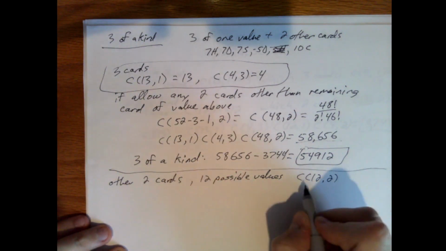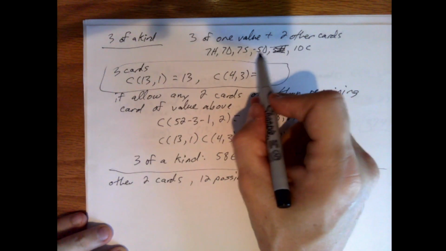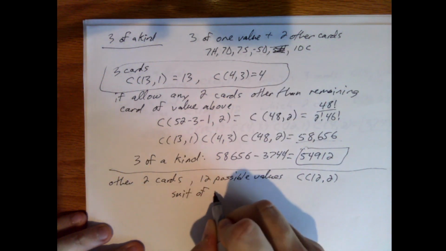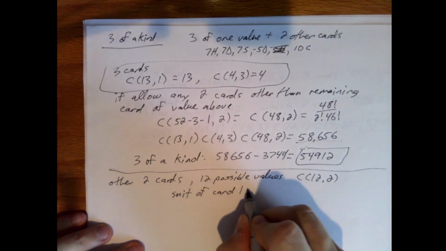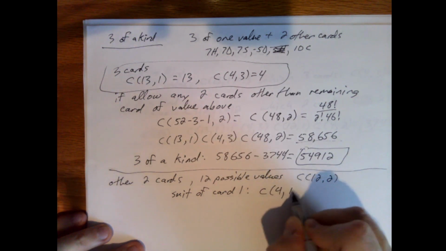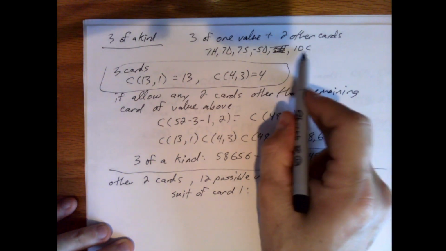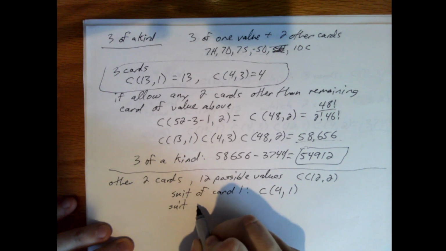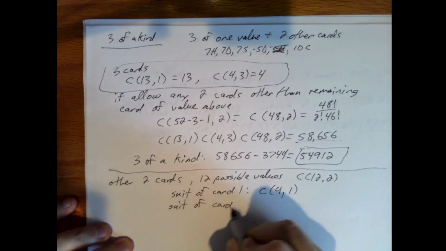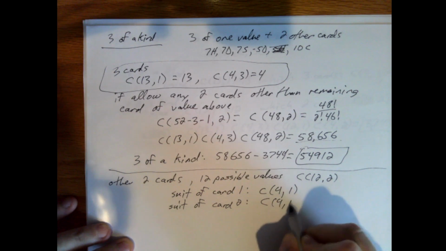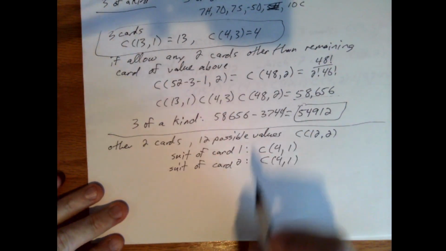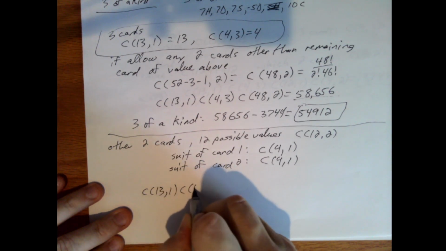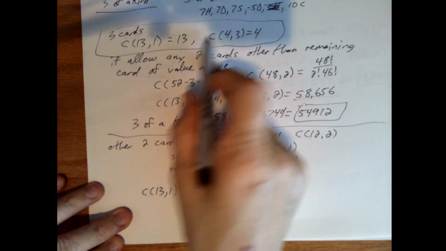And then for value 1, for the 5s, there's 4 possible suits. So the suit of card 1, choose 1 out of the 4, and then for, say, if we had the 10 for the other value, there's 4 possible suits for it. So if you do it this way, then it becomes C of 13, 1 times C of 4, 3. This gives you the 3 cards.